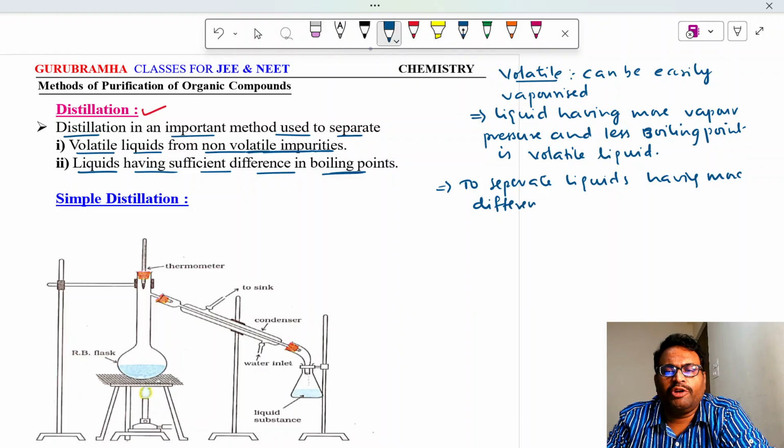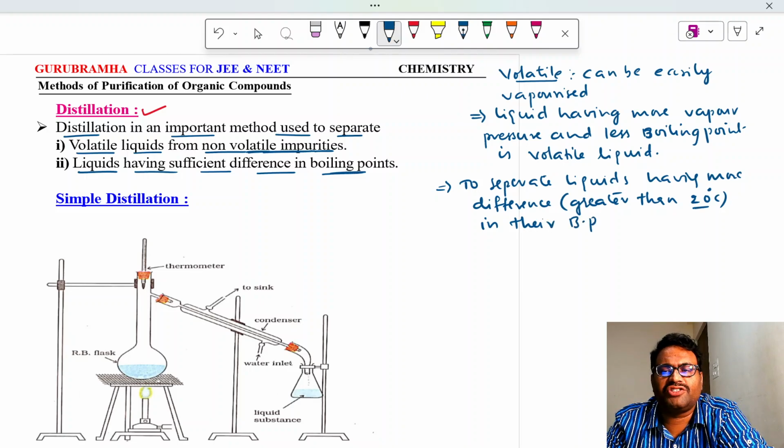What is that? More difference. Normally said greater than 20 degrees. More difference in their boiling points.